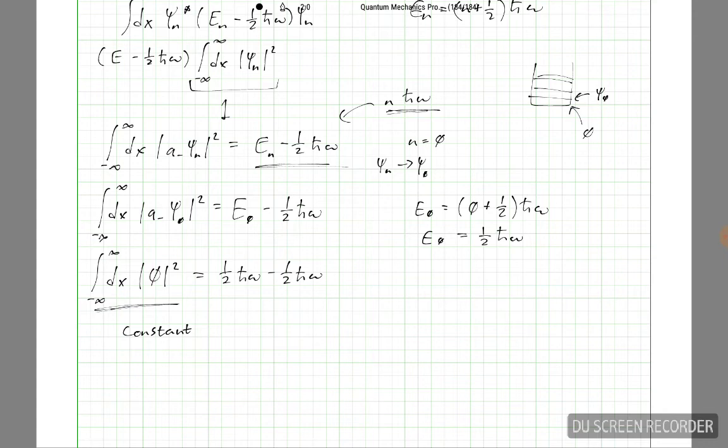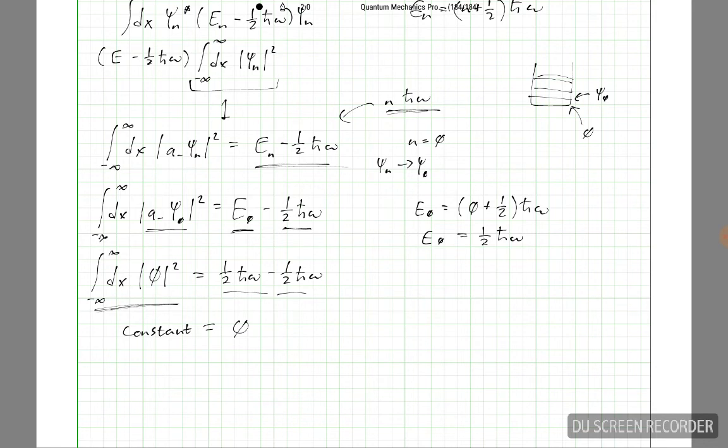So just showing that this was equal to 0 and you're taking the integral of 0 doesn't show anything. That would be the same as any normalizable state. That also equals a constant. But in this case, the constant is 0. So that's why we had to show that it was equal to the energy level minus 1/2 h bar omega, or show that it was equal to n times h bar omega.